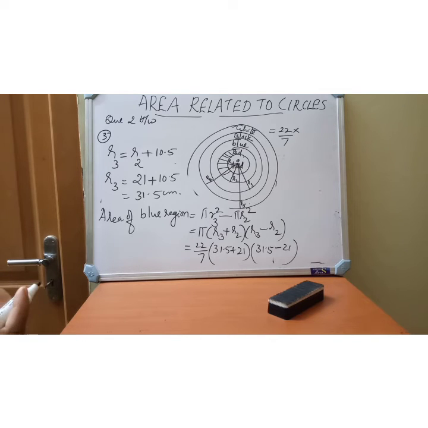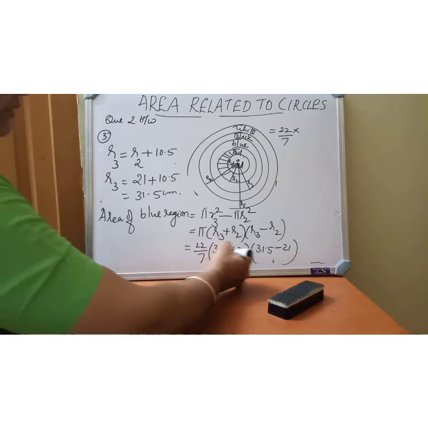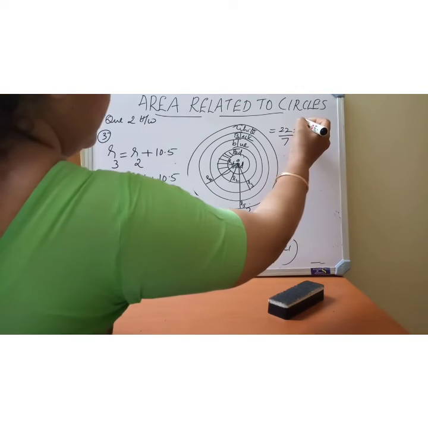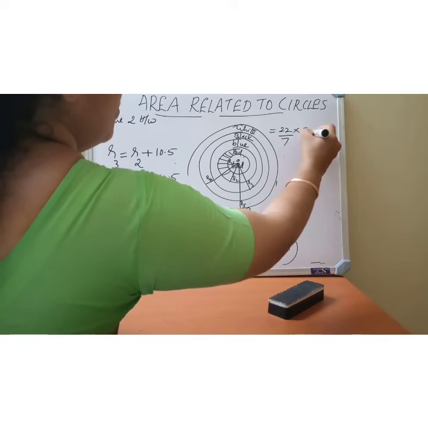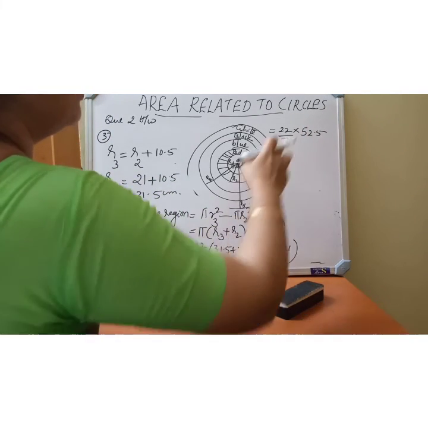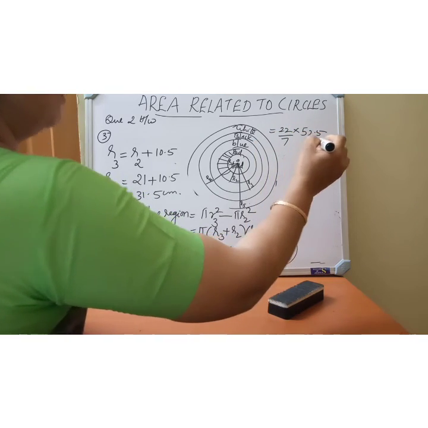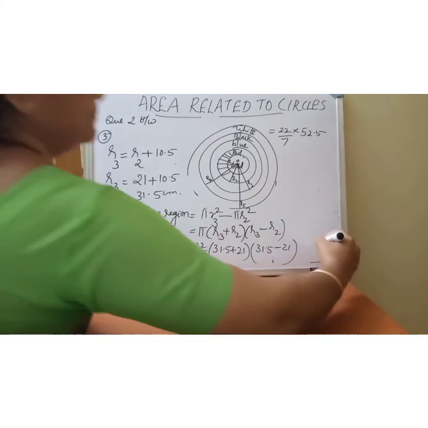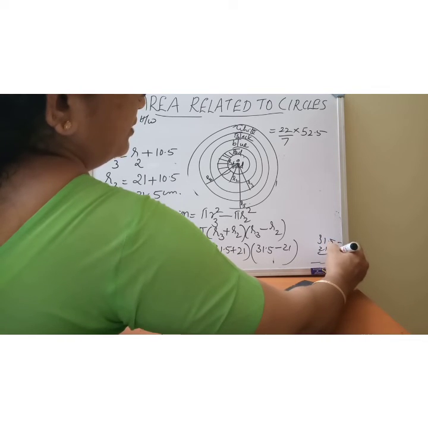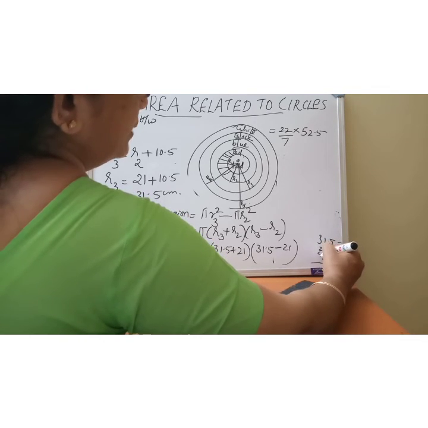You have to do the calculations. So 31.5 plus 21. What you will get? 52.5. 5, 1 plus 1, 2, 2 plus 3, 5. Then 31.5 minus 21. 0.5 is there, 0. Then 3 minus 2, 1.